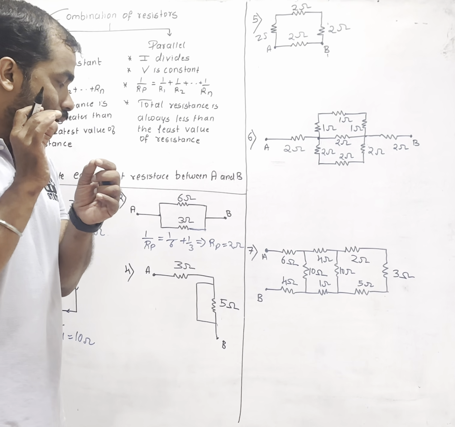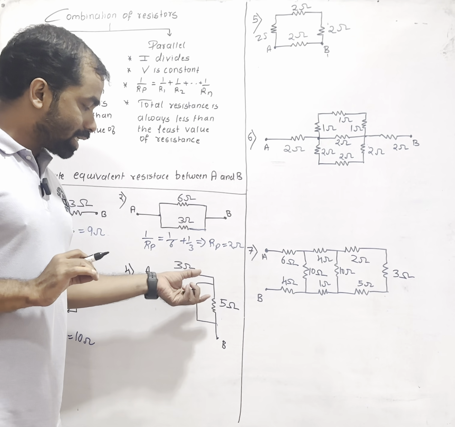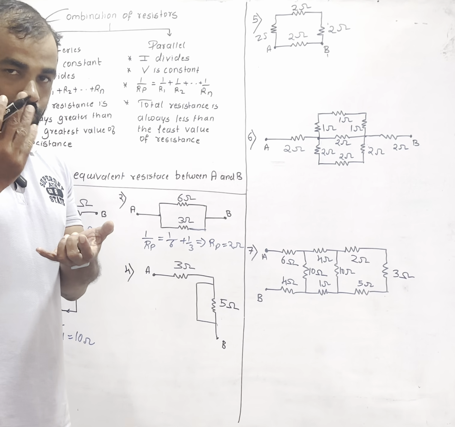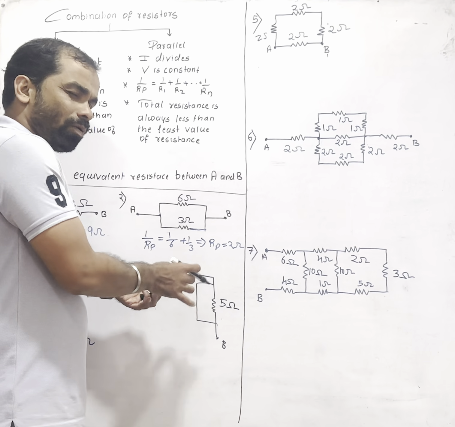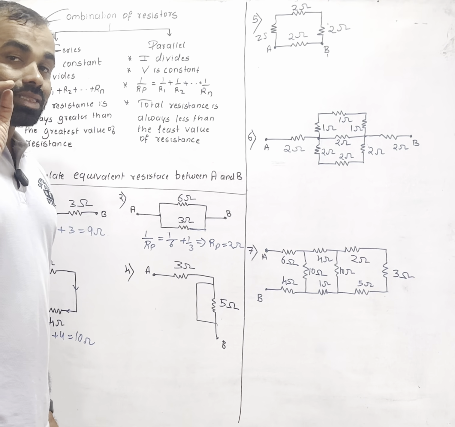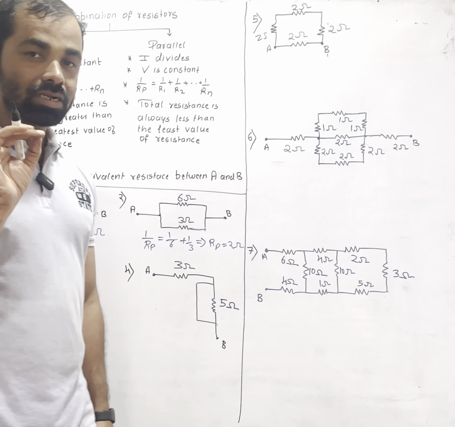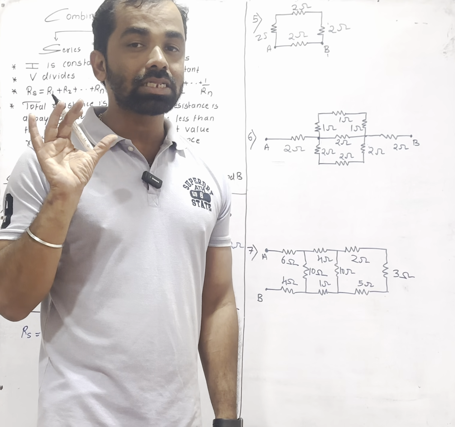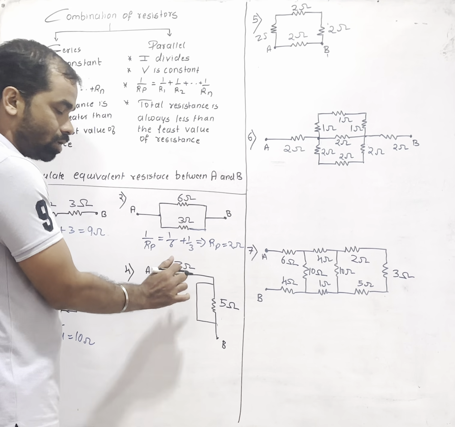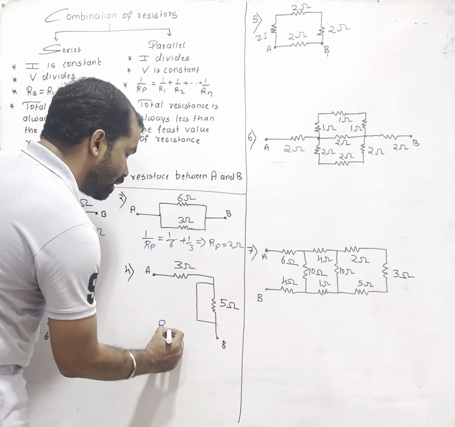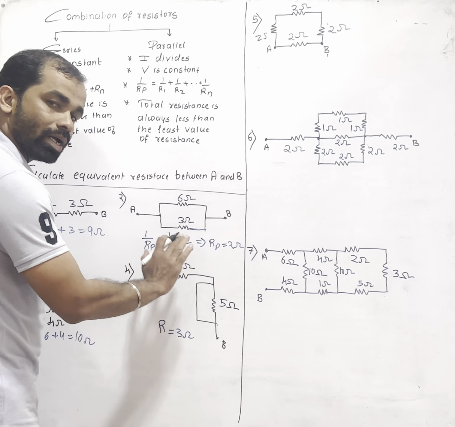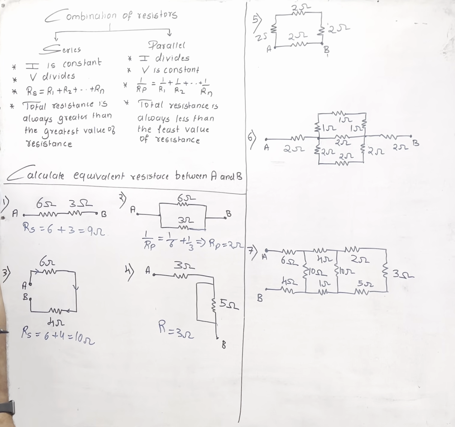Okay, so whenever a zero resistance wire is connected across any resistor, that resistance becomes zero. Truly zero resistance is not possible, that is a superconductor. But suppose a plain wire is connected across any resistor, then that resistance will become zero. This method is called short circuiting. Okay, so now here only one resistance is there. So total resistance will be 3 ohm, that's it. This value will become zero, only 3 ohm is there.